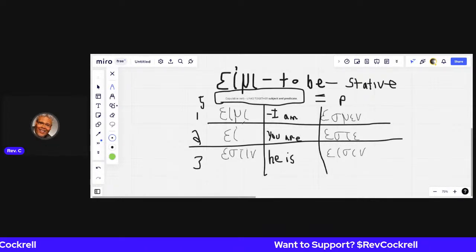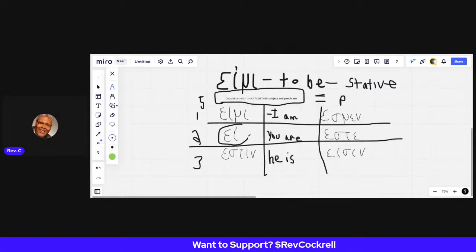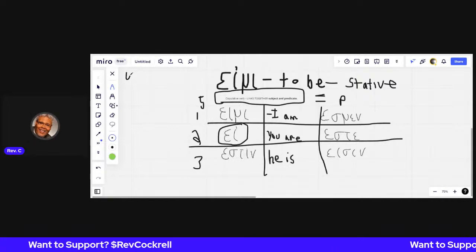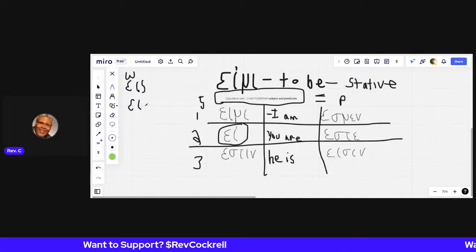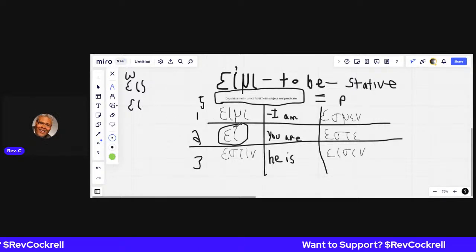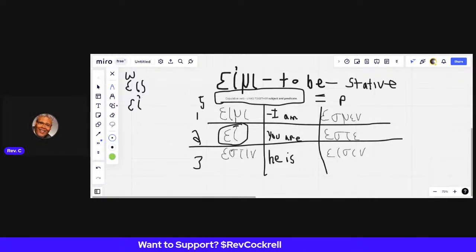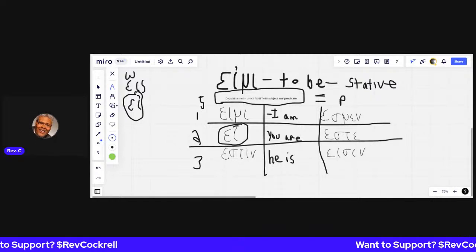Now, it's very important. The second person singular looks very familiar to our verb endings: O, eis, ei. How will we know the difference? Because one's going to be at the end. This ending is always attached to a verb.